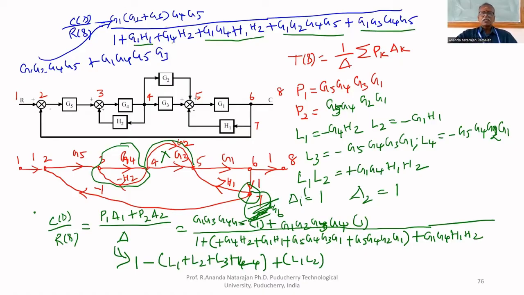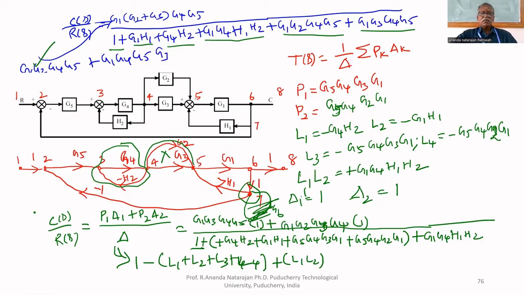G4, H2 is also there. 1 is also there. In the numerator, P1 is G5, G4, G3, G1.